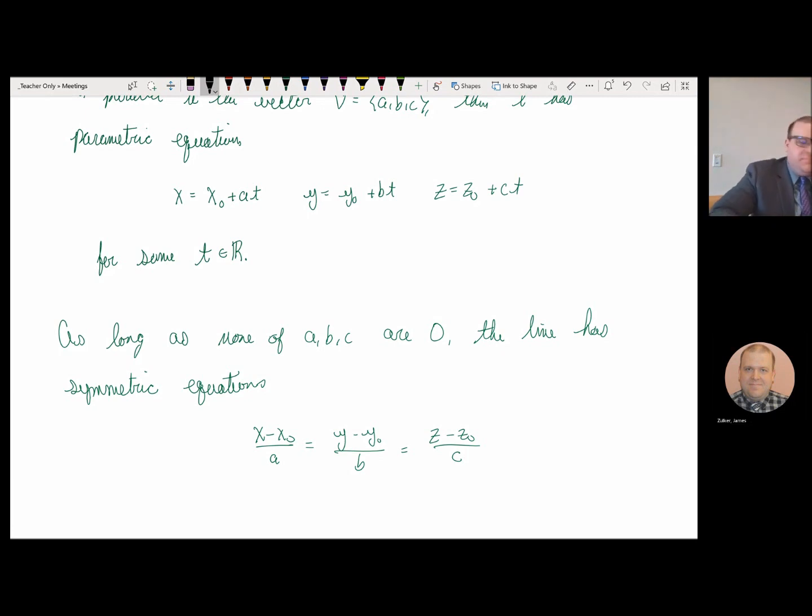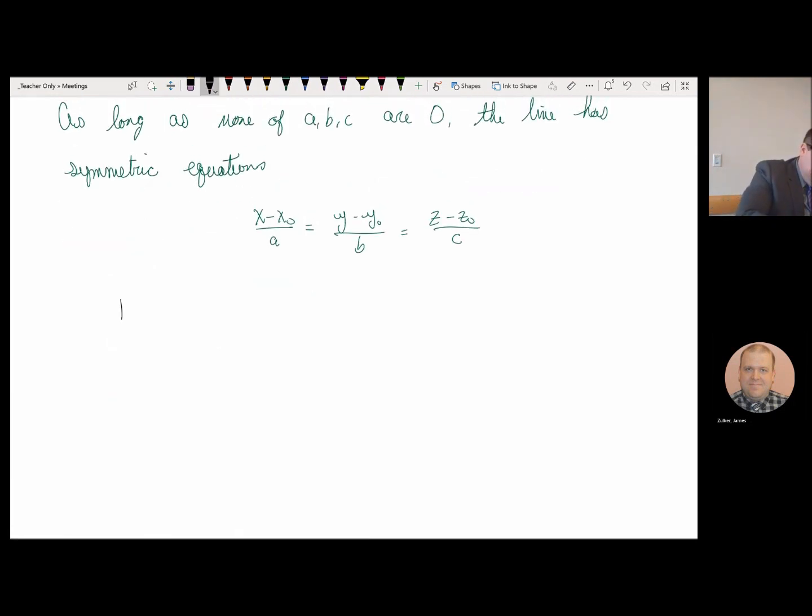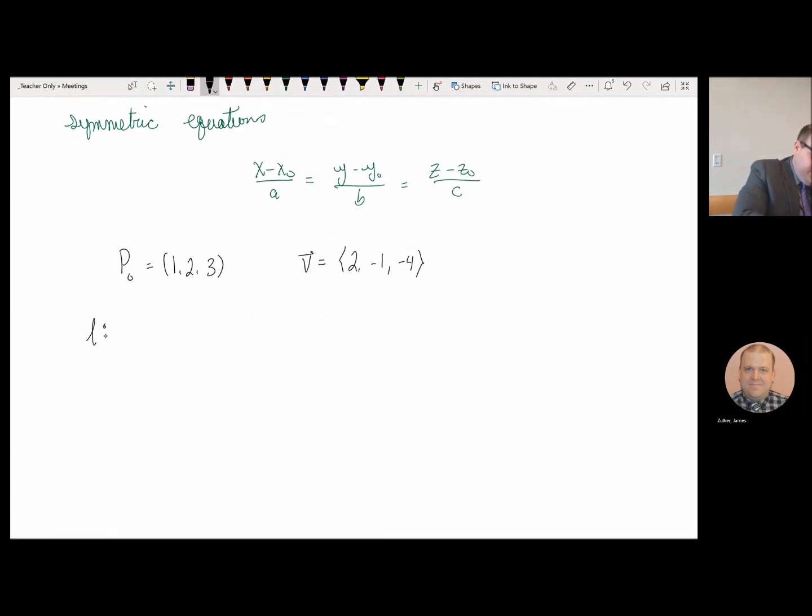All right, so using this idea, P naught is 1, 2, 3, V is 2, -1, -4. That would be your parametric equations of the line, or parameterization of the line.